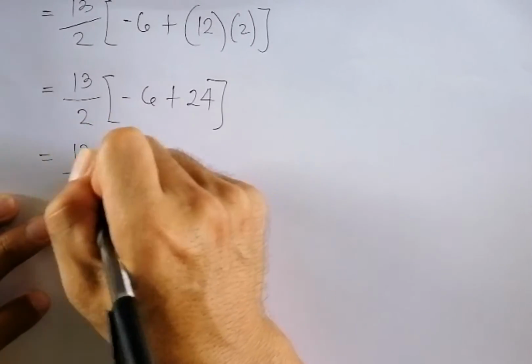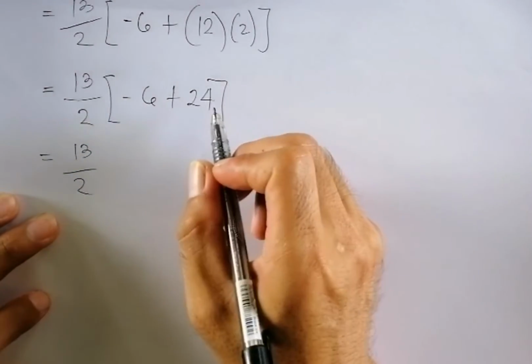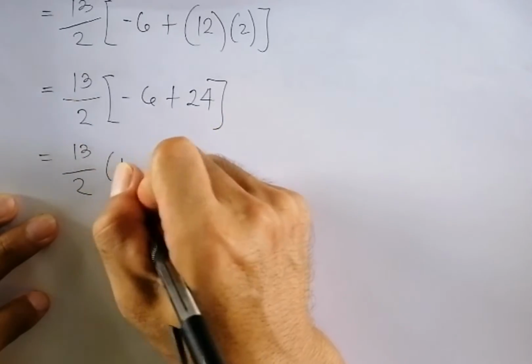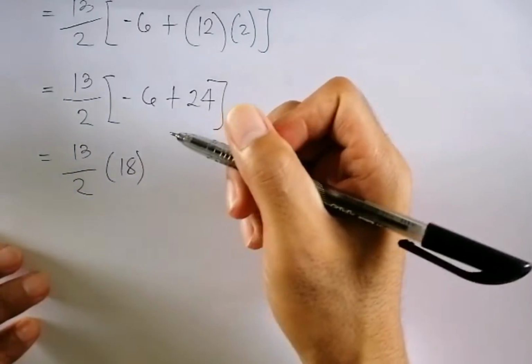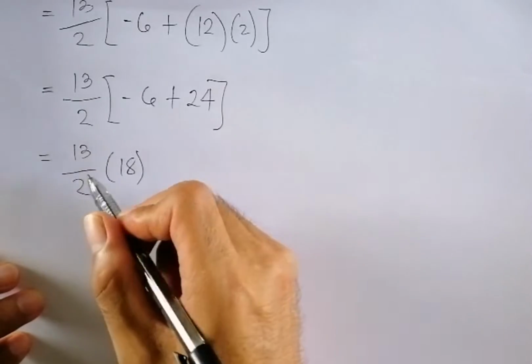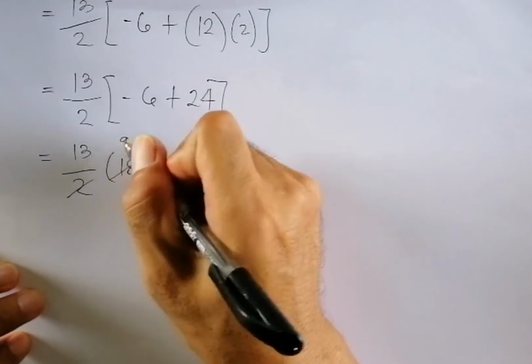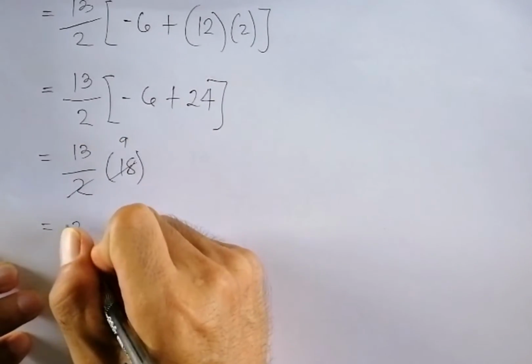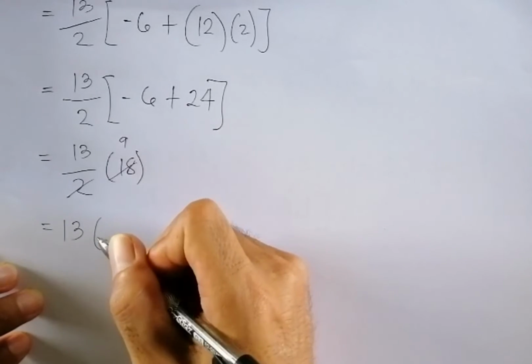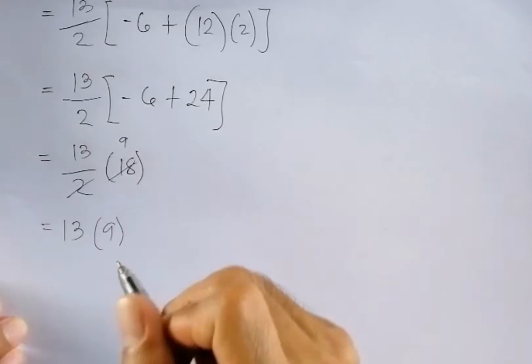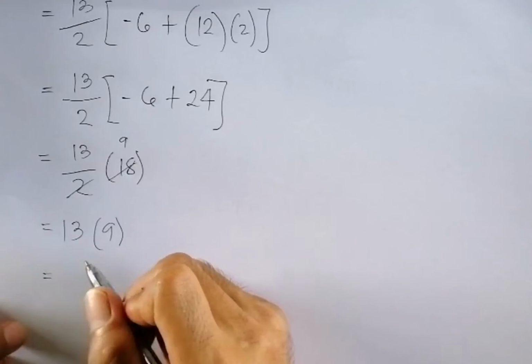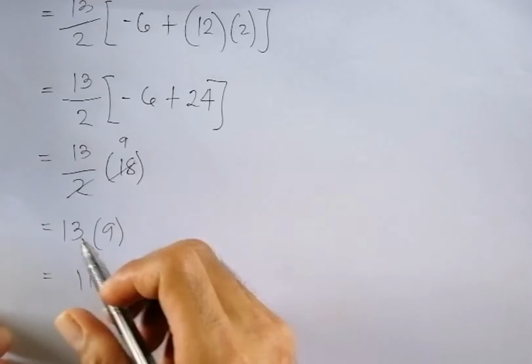And 13 over 2 times the quantity -6 plus 24 is equal to 18. Divided by 2, this is 9. So we have 13 times 9, that is equal to 117.